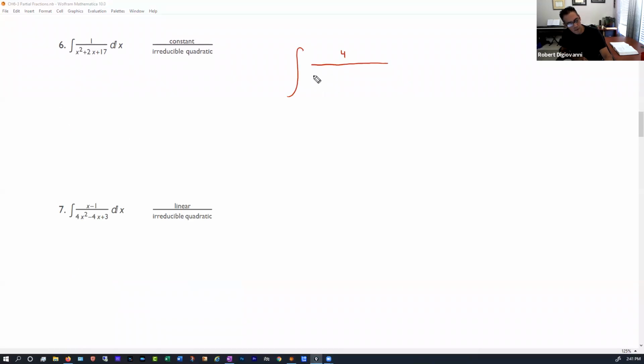And then how about this? 4x squared minus, I'm just going to make this ugly. Is that all right? You're going to get fractions, and there you go. So integrate that.